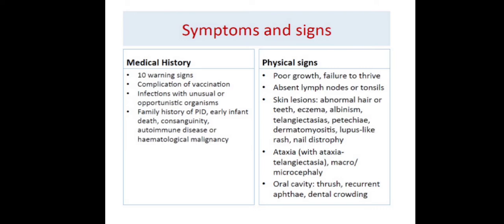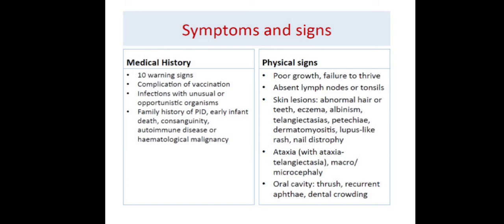Family history: early infant death, consanguinity, autoimmune diseases, or hematological malignancy. These things should direct our path towards primary immune deficiency.